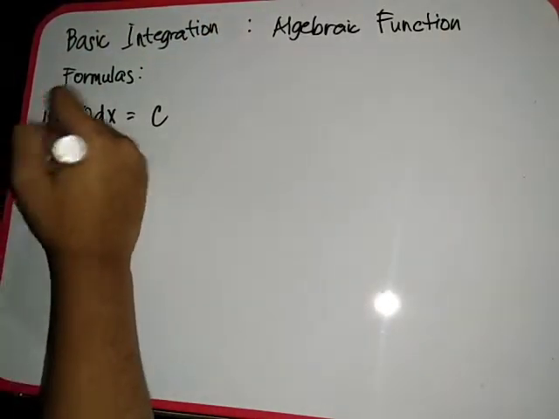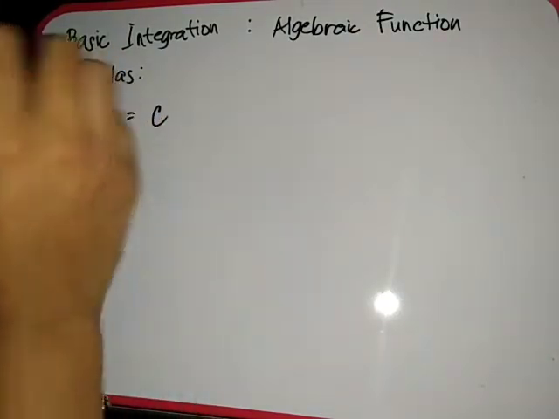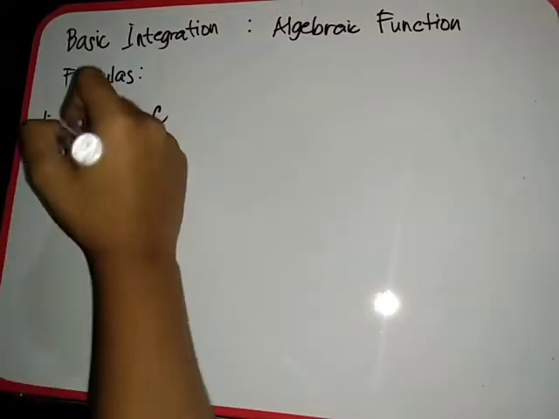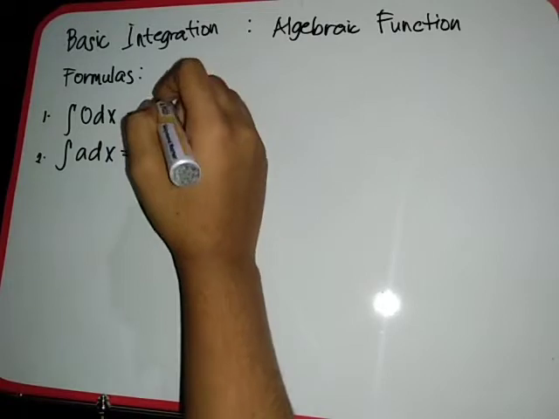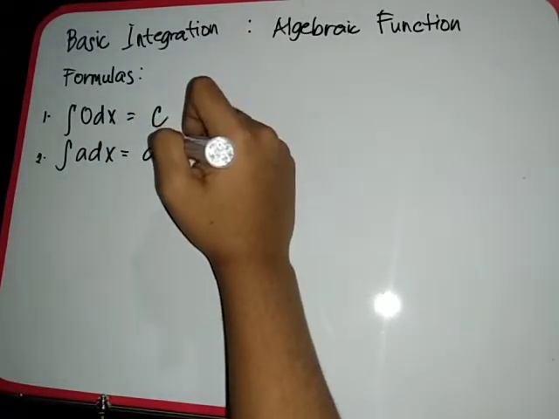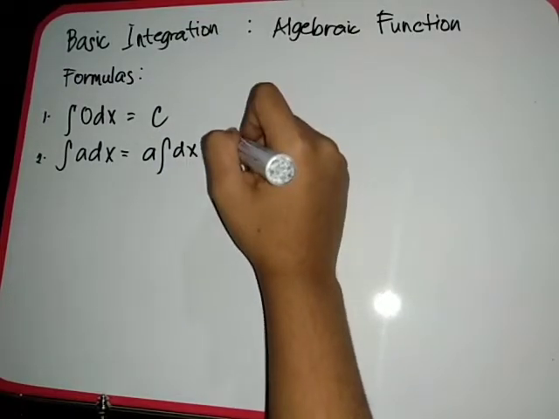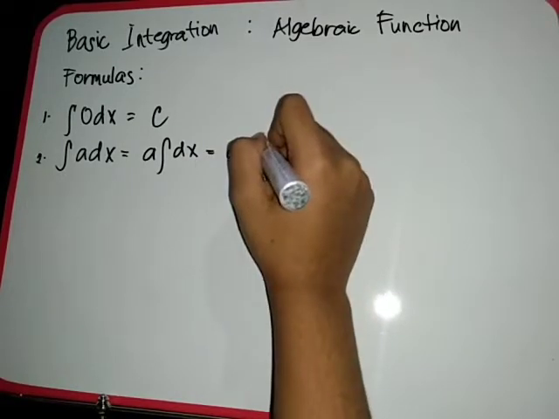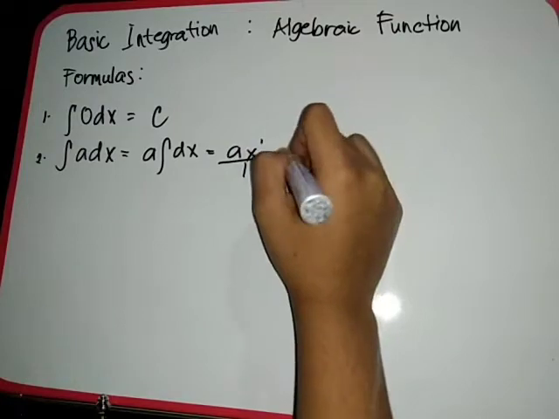Number 2 is the integral of a dx is equal to a integral dx is equal to ax^1 over 1 plus c.